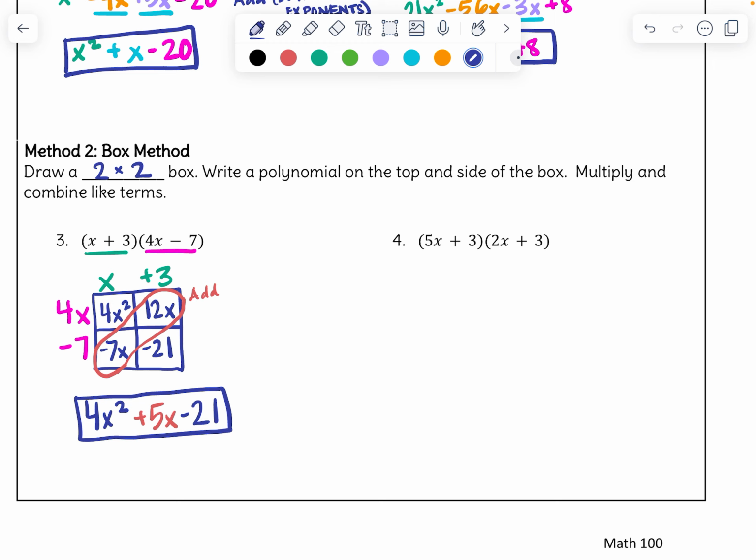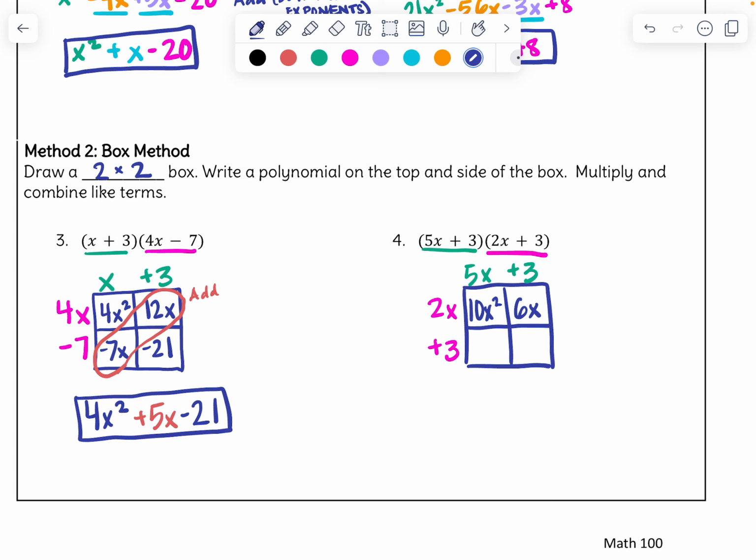Let's use the box method for number 4. So I have 5x plus 3 and 2x plus 3. 2x times 5x is 10x squared. 2x times 3 is 6x. 5x times 3 is 15x.